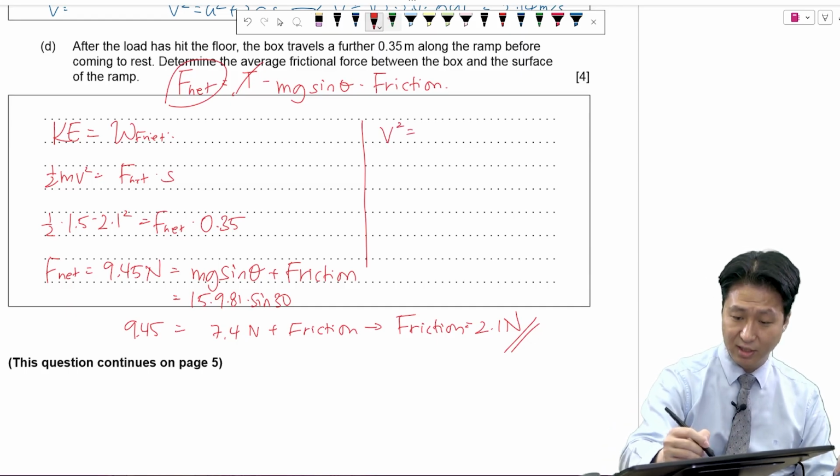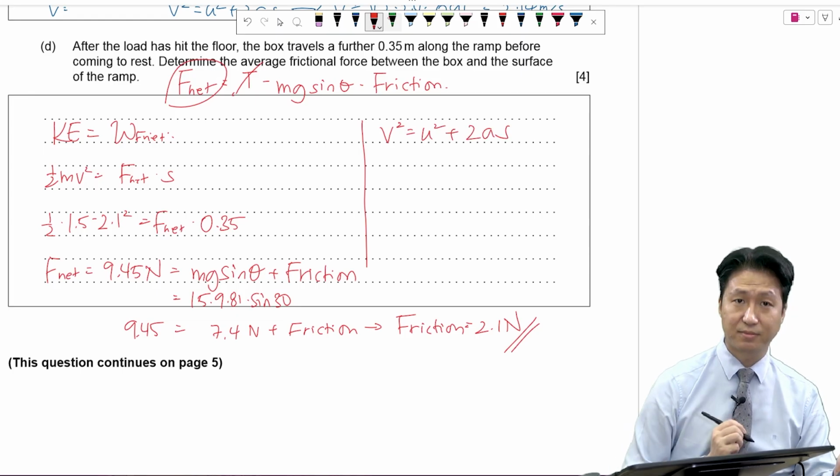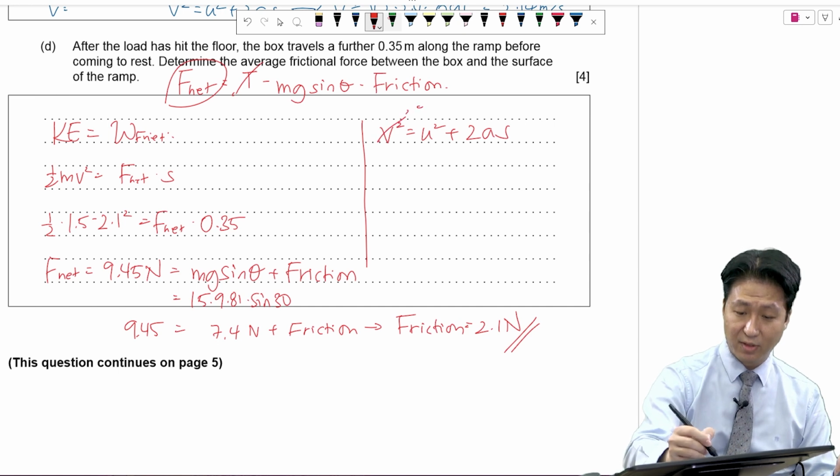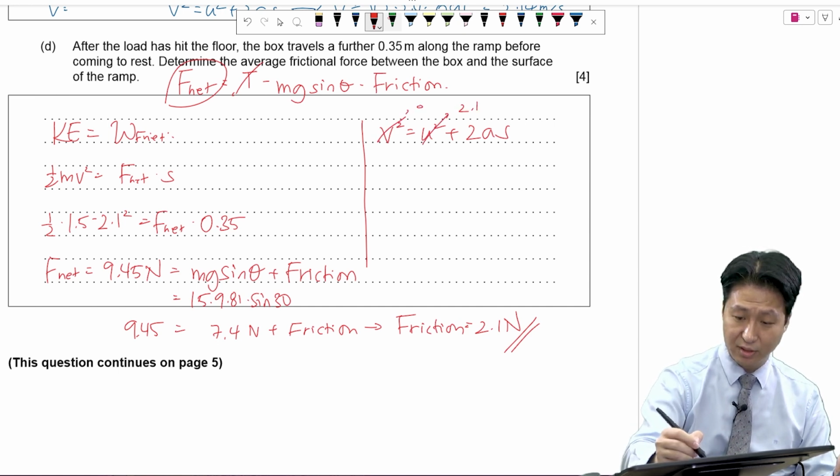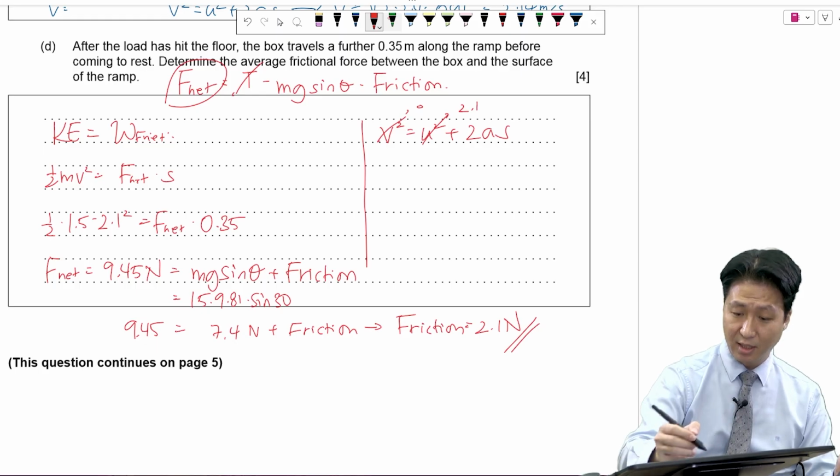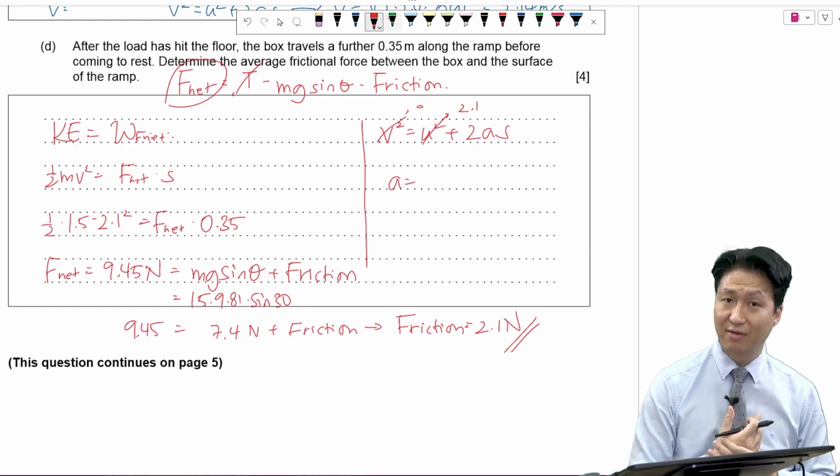So the final velocity squared is the initial velocity squared plus 2as. Final velocity is 0. The initial velocity is, of course, the same as before, 2.1 meters per second. That means the acceleration is going to be negative, which just means in the opposite direction as the initial velocity.